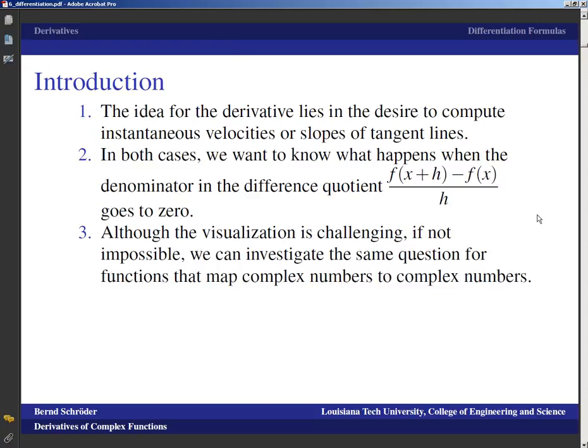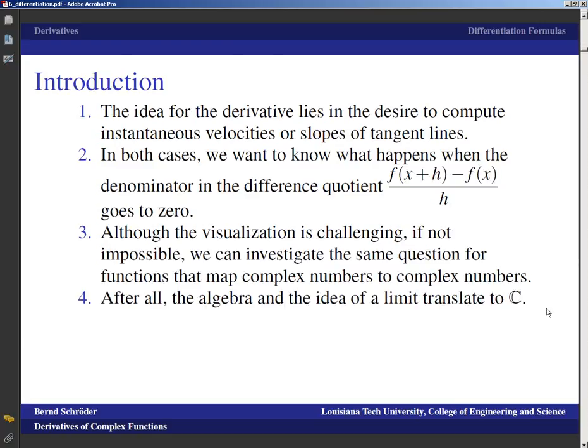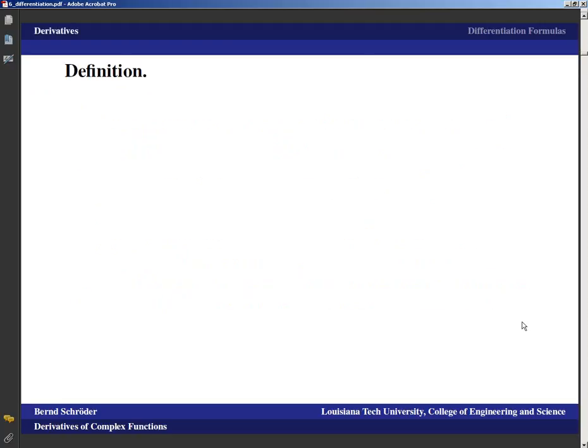But we can investigate the very same question about what happens to this difference quotient also for functions that map complex numbers to complex numbers. After all, we can form differences, quotients, and all that in complex numbers, as well as the idea of a limit, which we've just talked about in the previous presentation. All that translates to the complex numbers, so the computations ought to really be the same.